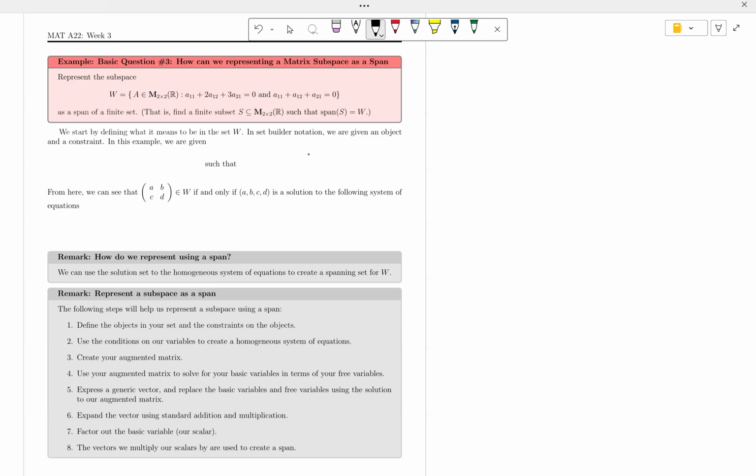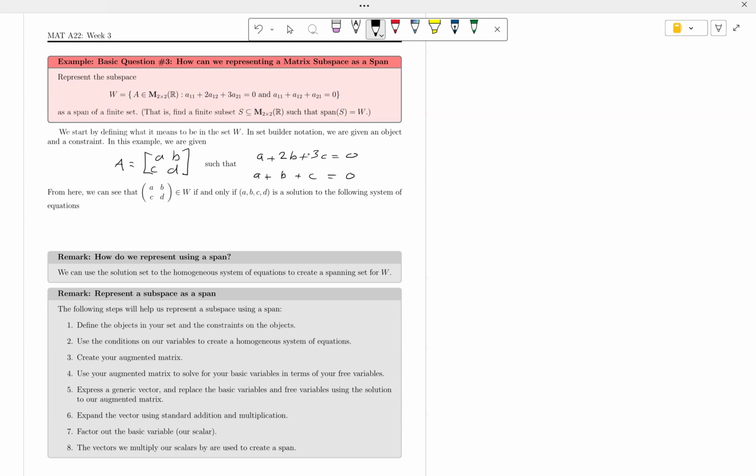So here we're given W equals the set of matrices (A, B, C, D) such that A plus 2B plus 3C equals 0, and A plus B plus C equals 0.